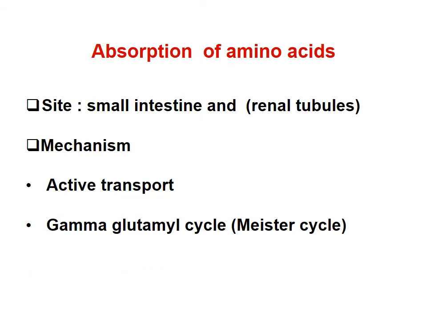Now coming to the absorption of amino acids, students, the site for absorption is small intestine and to some extent in the renal tubules. The mechanism involved is mainly by active transport, it is called as secondary active transport, and to some extent by a process called as gamma glutamyl cycle or Meister cycle.